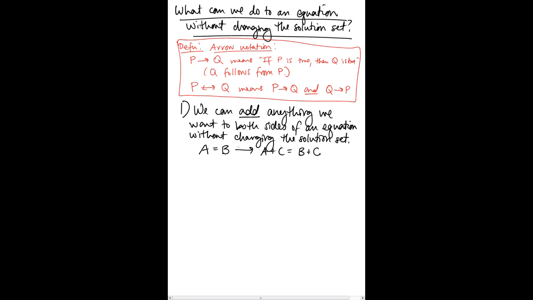And actually, it should work the other way as well. If I have A plus C equals B plus C, then I know I have A equals B. So this tells us that fundamentally we can always add something to both sides without changing the solution set.